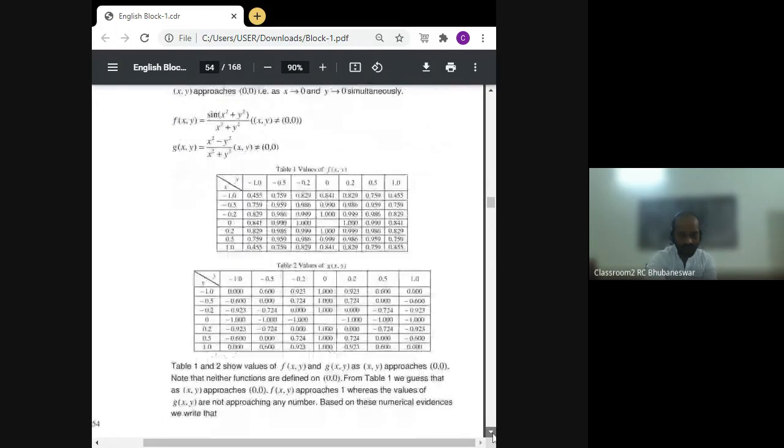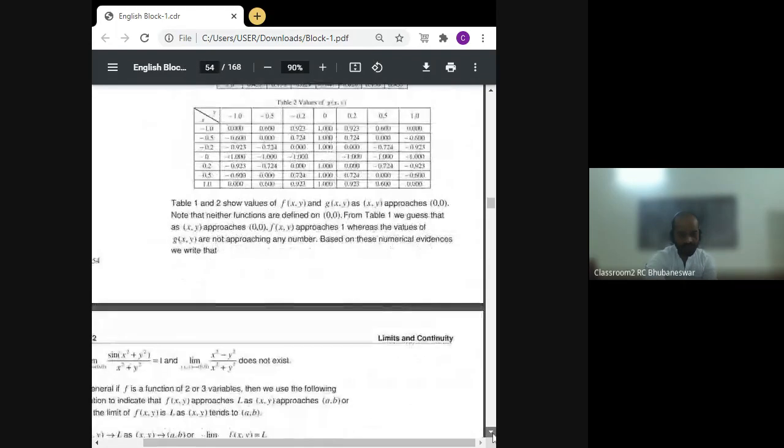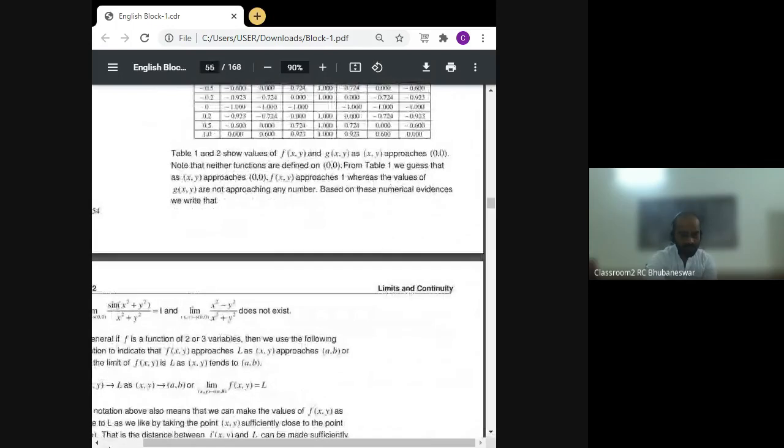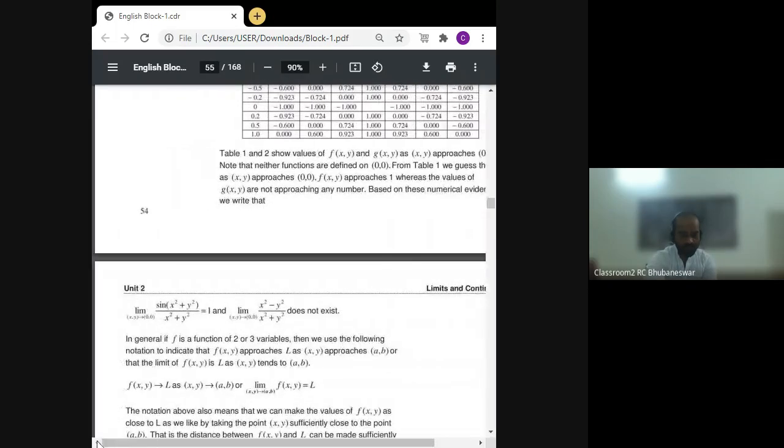That means how we mathematically represent the limit of a function of two variables. So here, look at the expression. The function is given like that: f of (x, y) approaches L. Here L, or capital L, is the limit of the function f, but the condition is that the point (x, y) approaches the point (a, b).